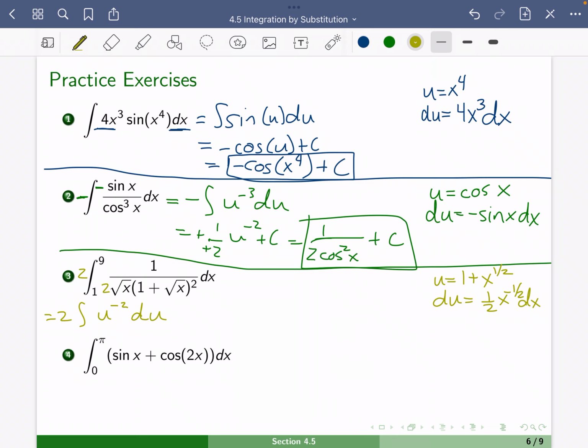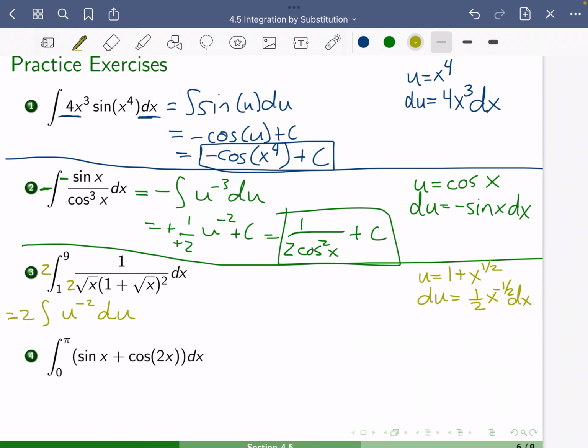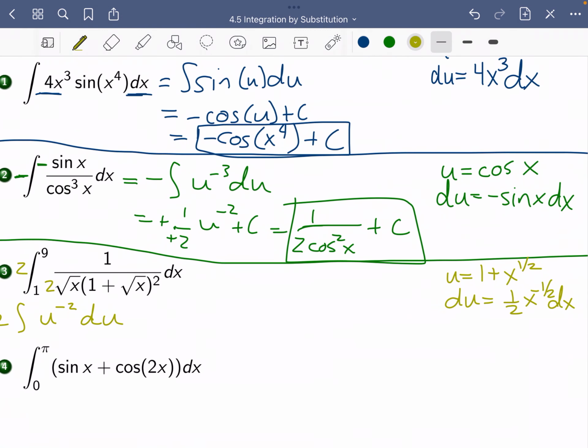Let's go ahead and change our limits of integration here. Again, you could leave them as x's and then just return to the values of x, but I like to change them. So since I'm making the video, that's what we're going to do. If x is 1, then u is 2. If x is 9, then u is 4.